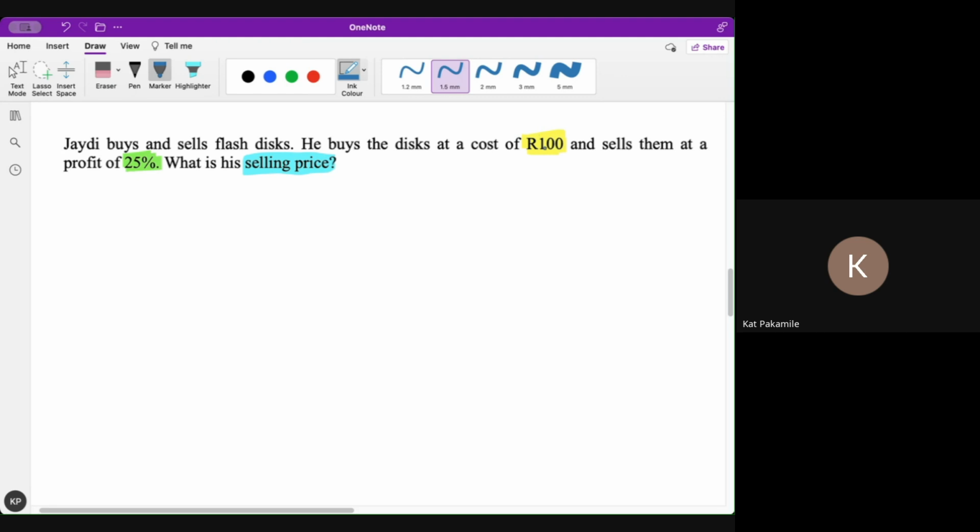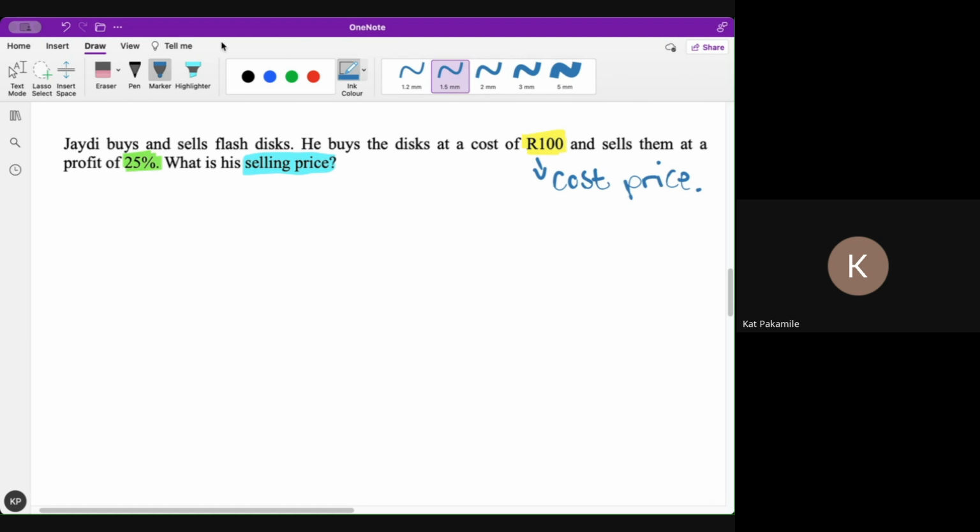We call this the cost price. Okay, so for these questions, you need to put yourself in JD's shoes and be like, okay, I'm buying something, so it cost me 100 Rand. Okay, so this is the cost price, and they're asking us for the selling price.